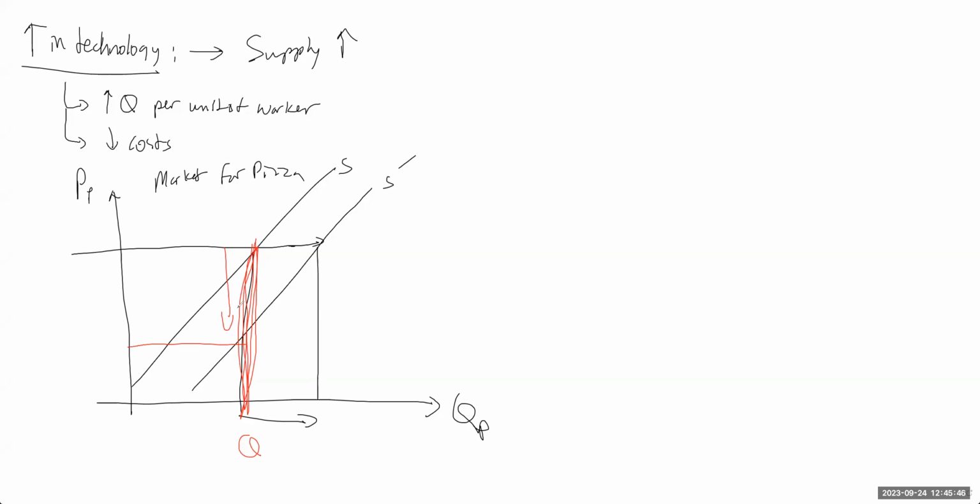That's going to cause a price war. As costs fall, prices will eventually fall, because each producer is greedy and wants to capture more of the market, and they start undercutting each other. And the prices will fall.